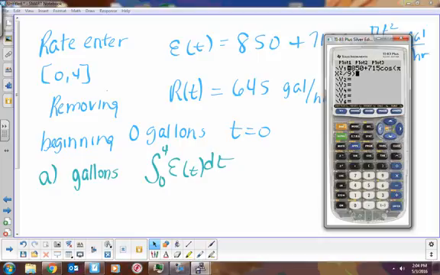Is that it? Okay, and what did they tell us we're looking at? What's my interval? 0 to 4. So I'm going to come to my window and set my window from 0 to 4, because you only want to look at what they've given us.